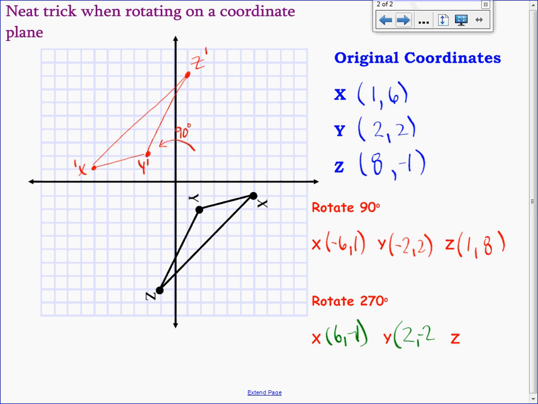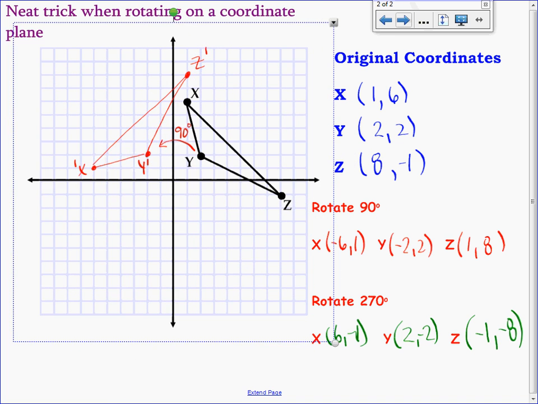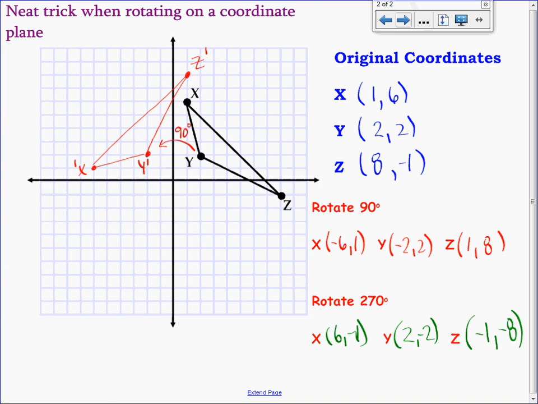And Z is now located -1, -8. Okay? So what we're going to do is we're going to then turn everything back to the original orientation. And now we can plot these. Let's put double primes on these just so that it's separate. We can look back and remember what we were doing.